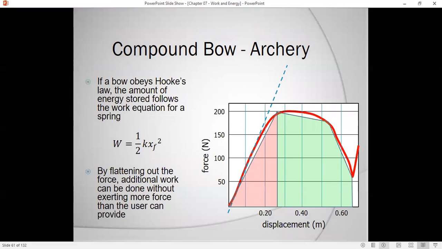And again, compare the two areas. The red area represents the typical amount of work you'd get from just a longbow or a recurve bow. The green represents the additional energy that we can put into the arrow, and you can clearly see it's many times greater.